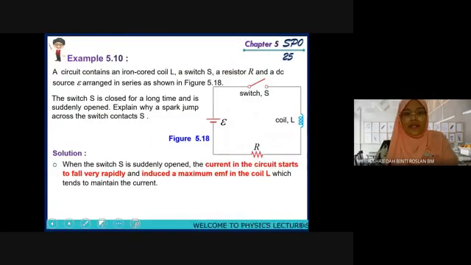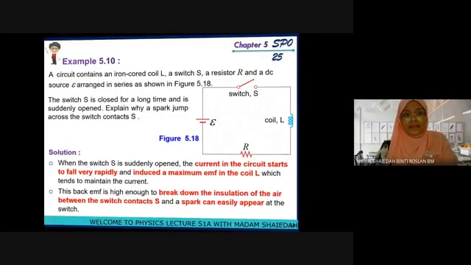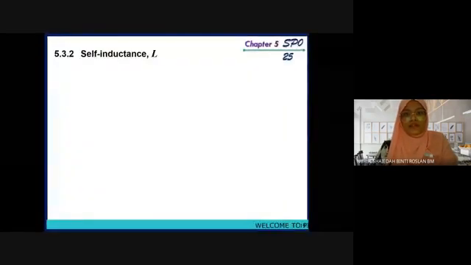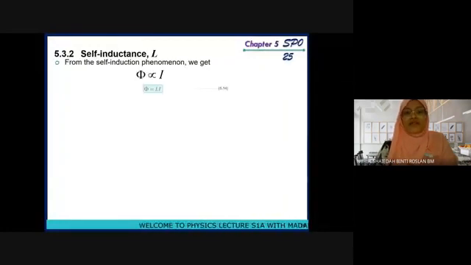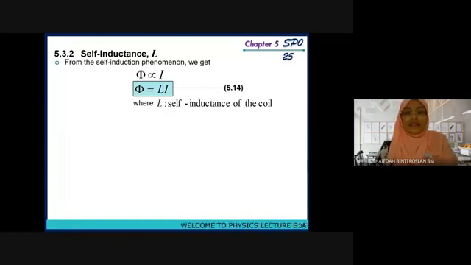Okay, this is another example. This one I'm not giving an example for. Let's go straight to the formulas, the ones we will use in the exam. Phi is directly proportional to I, where when I is increasing, your phi will also increase. So what is phi? Phi is the magnetic flux linkage.